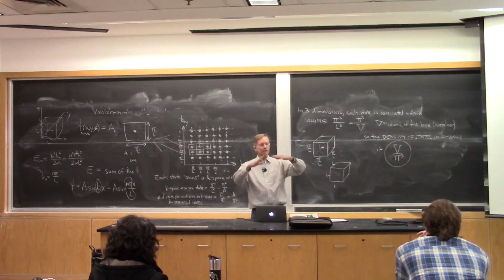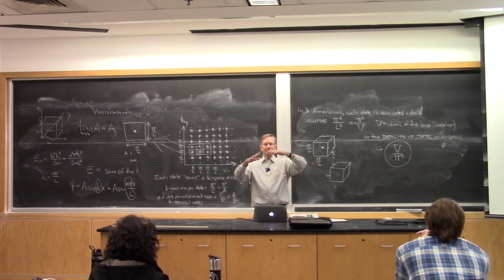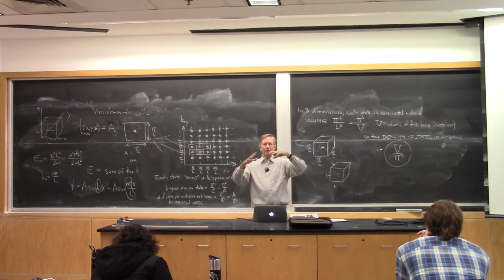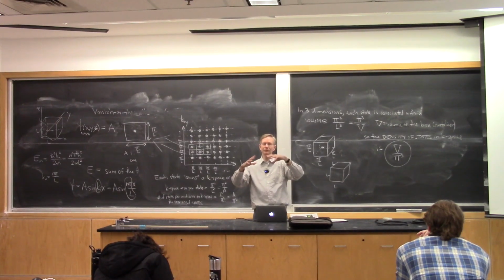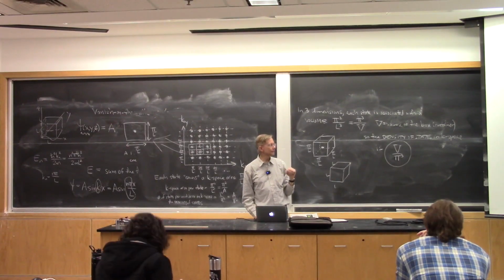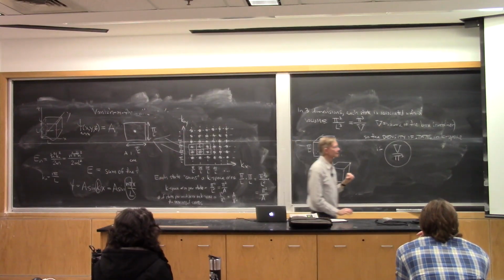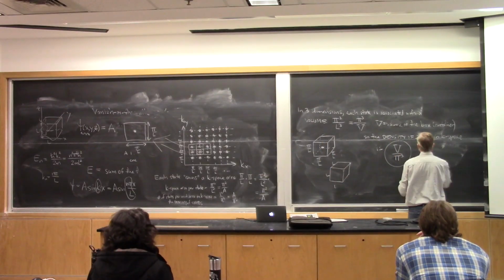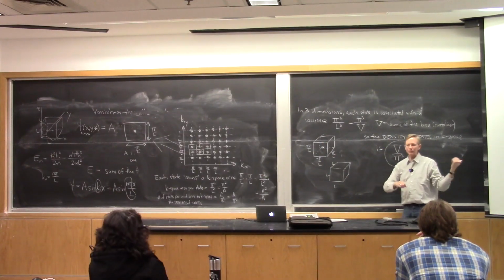The reason we're going to use that is we're going to say next, after we take a break, that in the ground state, every particle gets as low an energy as it can manage, but you can only put 2 particles in each state because of the Pauli exclusion principle. And so you end up filling up an octant of a sphere in K-space, because the energy is proportional to n squared.